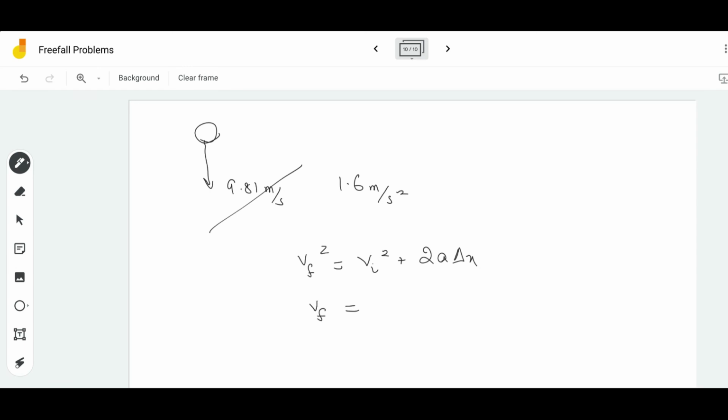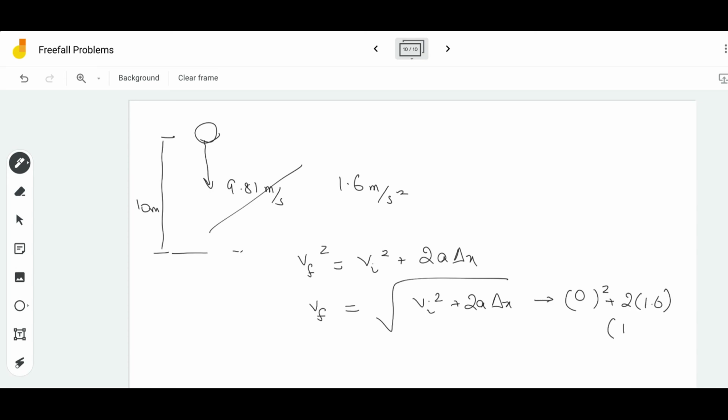Again, the height before it reaches the ground level is 10 meters. So you've got the square root of 0 squared plus 2 times 1.6 times 10, and that should give you an answer of 5.66 meters per second.